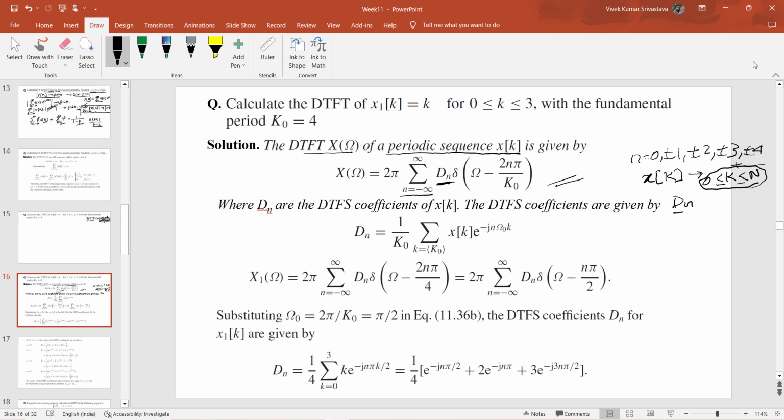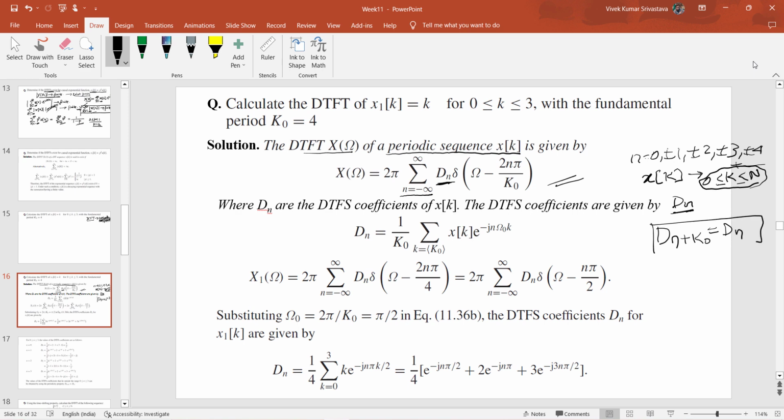Once you evaluate the discrete time Fourier series coefficient, you don't have to evaluate the remaining coefficients. You have to just use this relation, that is d of n plus k naught is equal to d of n.